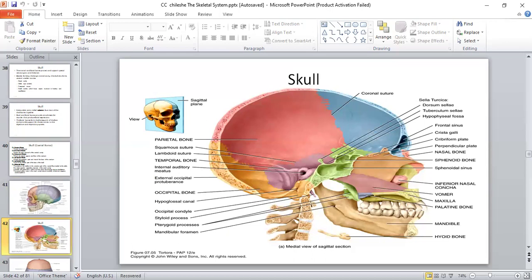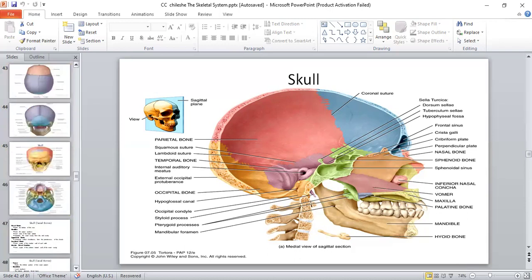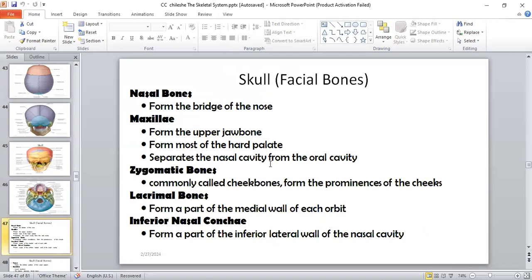That is one of the difficult bones to find, but it contributes to the floor of the cranium. So those are the 8 cranial bones.